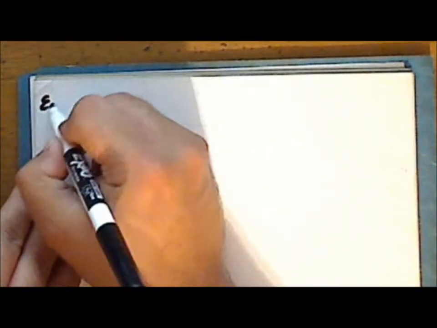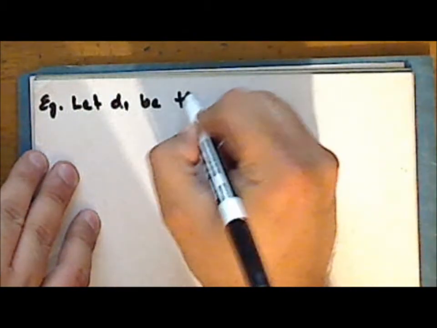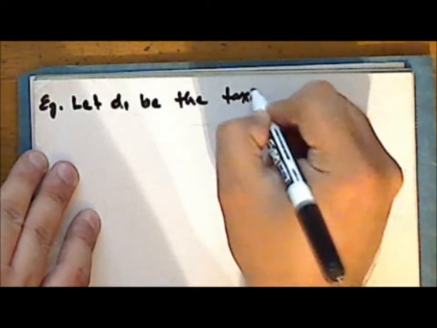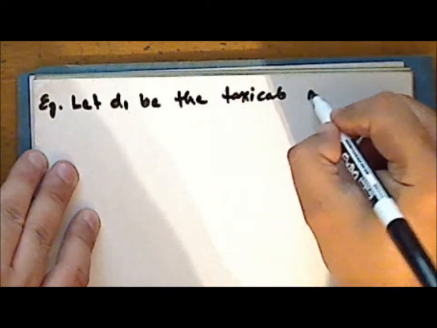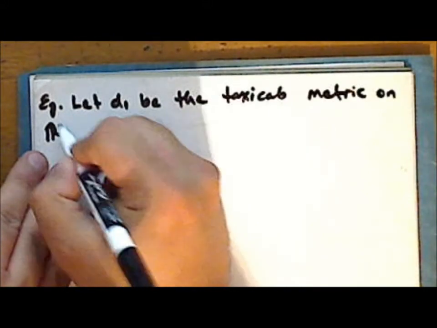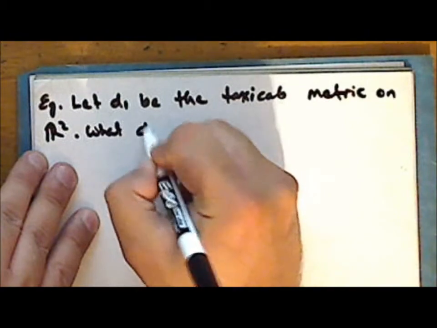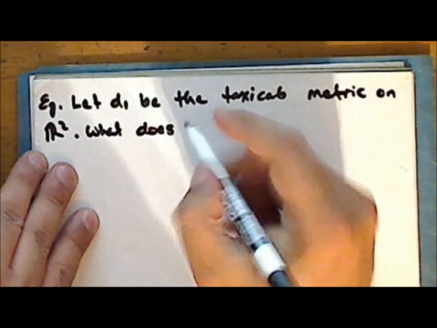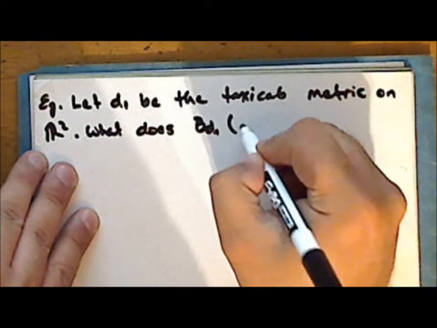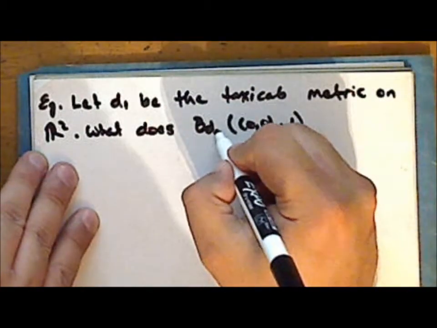Once again, we'll look at an open ball in this metric in the real plane. Let d sub 1 be the taxicab metric on two-dimensional real space, that is, the plane. What does an open ball centered at the point (0, 0) with radius 1 in the taxicab metric look like?